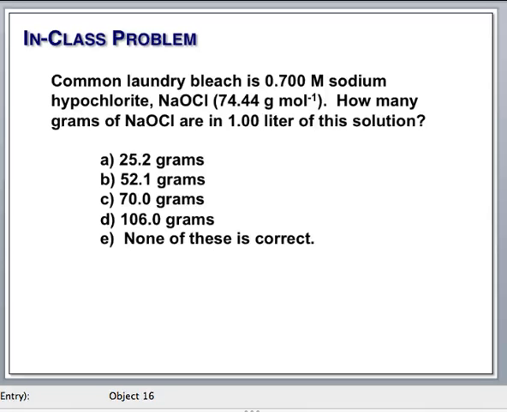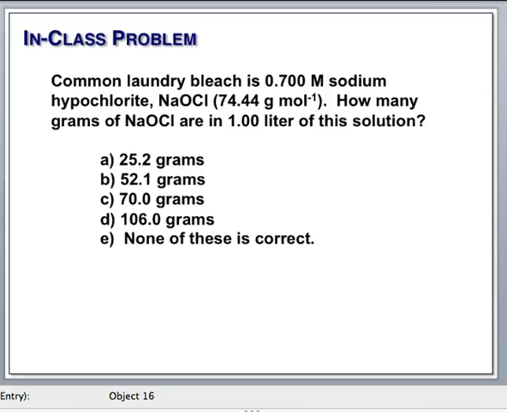This is our molar mass. How many grams of sodium hypochlorite are there in a liter of bleach? Well, we're looking for a mass. What we actually have to do is figure out moles first, don't we?